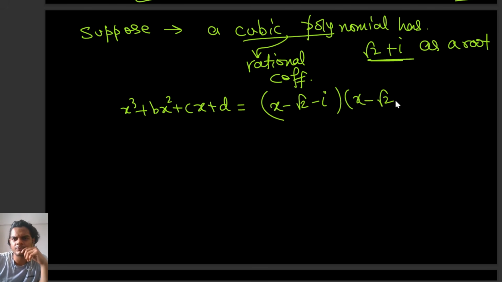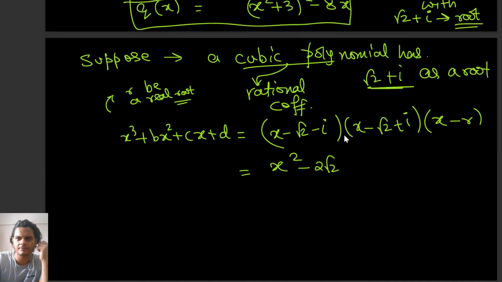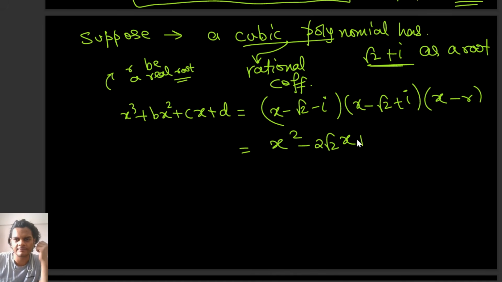And let's say it has some real root. Yeah, let r be a real root. So how would that look like? That would look like x square minus 2 root 2 x plus 3 into x minus r.